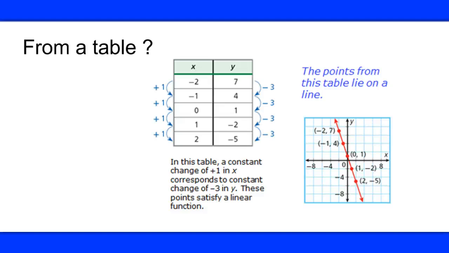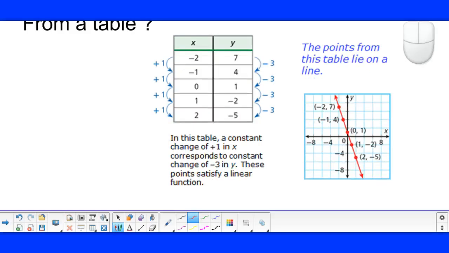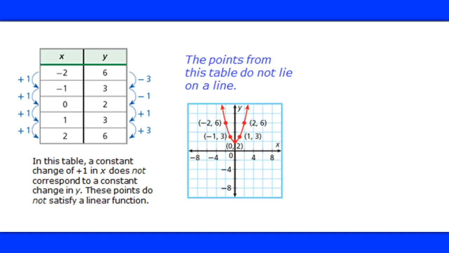It doesn't have to be the same change in both, but you will see a constant change going down the x's, plus 1, plus 1, plus 1, plus 1, and a constant change going down the y's, minus 3, minus 3, minus 3, minus 3. If we graph those points on a coordinate plane, you will see that they form a line, therefore a linear function.